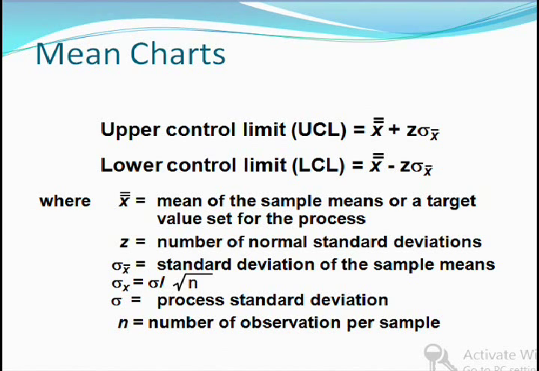Sigma sub X bar is equal to sigma divided by the square root of n. Sigma is equal to the process standard deviation. N is equal to the number of observations per sample.